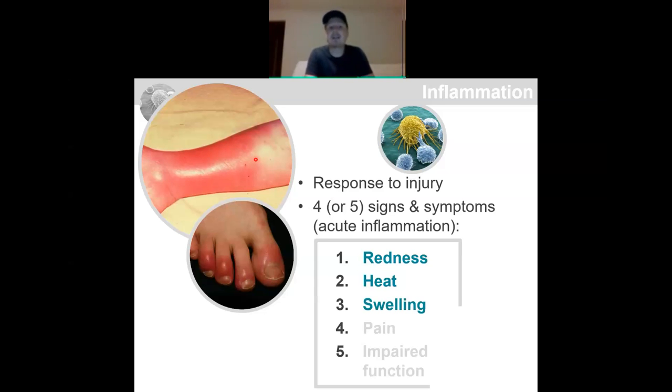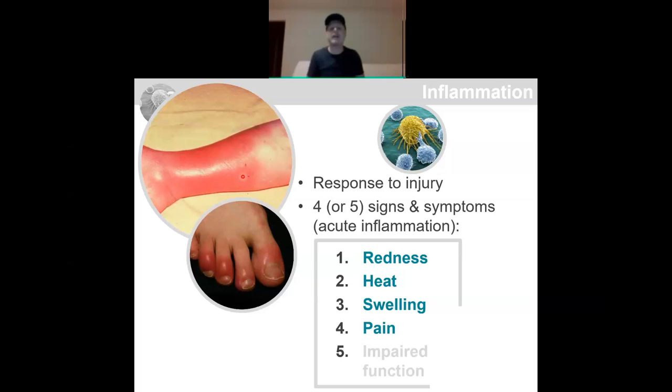We end up finding swelling on these areas. I think on these toes, it's pretty obvious. That's because now there's a lot of cells, a lot of blood and a lot of white cells coming to this site. So this area physically has more stuff, so it swells. Another thing that happens, these areas are usually painful. So the logic behind that is that when they're painful, we don't end up poking and touching inflamed areas.